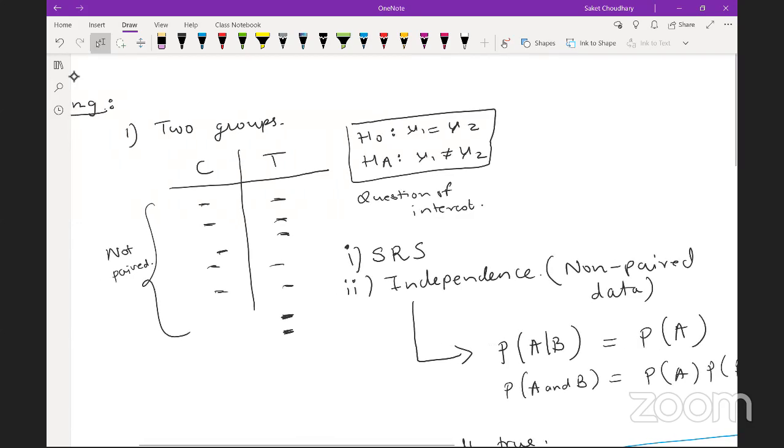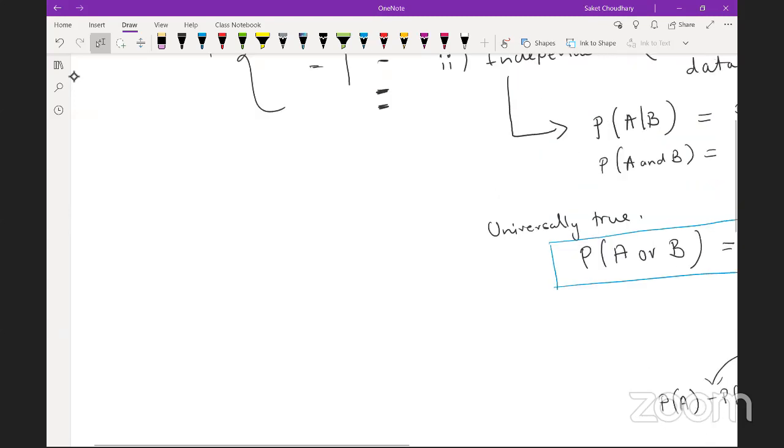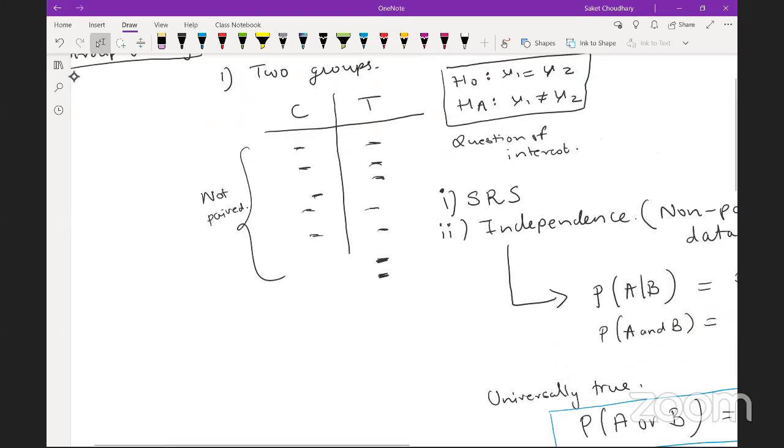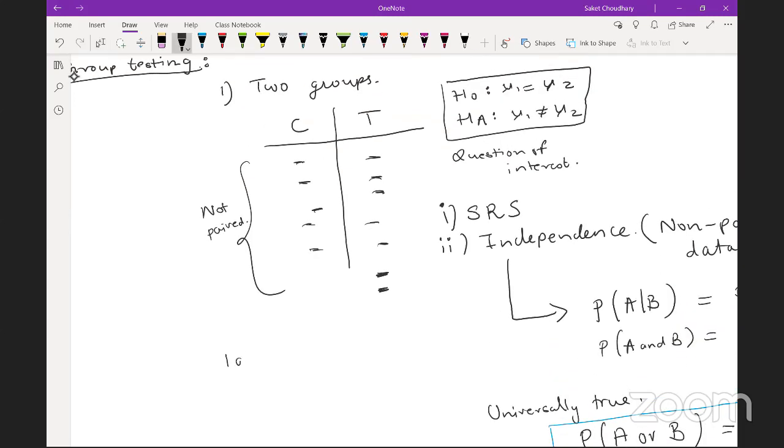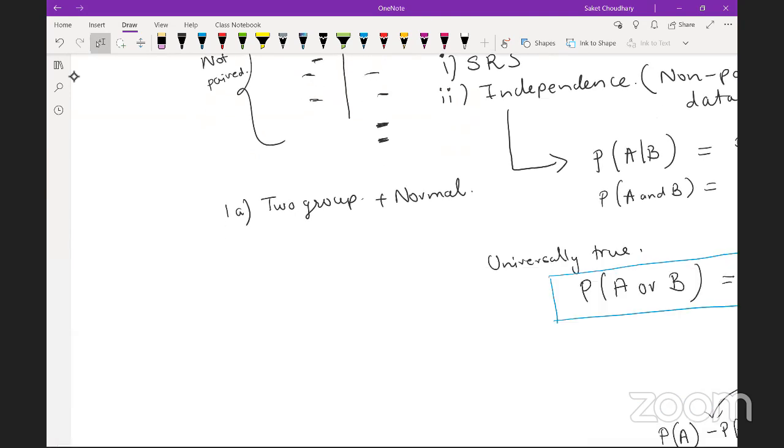Now, when we were working with the two group samples, we had choices. This is 1A. The first choice that we landed on was that the data was two group plus it was normal. Both these groups also allowed for normality. And then our choice of test was the t-test.